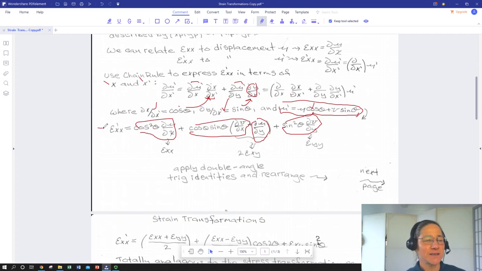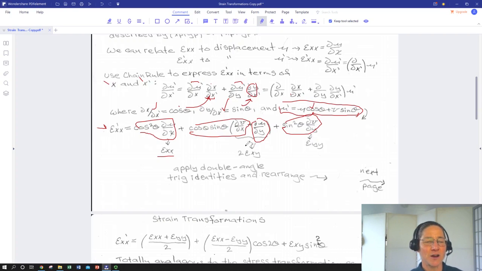So this line is important because the partial of u prime with respect to x prime is our normal strain in the x direction in the rotated coordinate system. So this is our rotated normal strain. So we have a cosine squared theta, that's our rotation angle, times partial of u with respect to x, which is our normal strain in the non-rotated x direction. We have partial of v with respect to x plus partial of u with respect to y, the mixed partial derivatives.